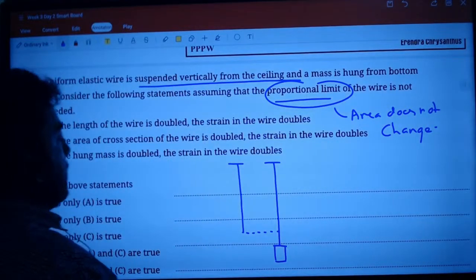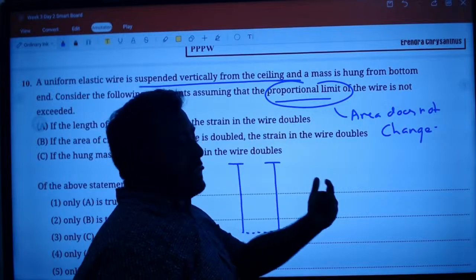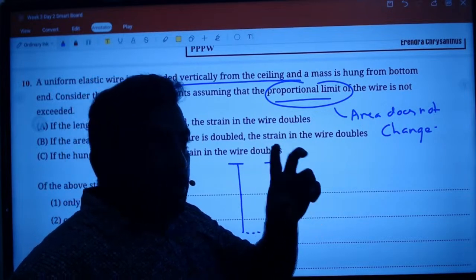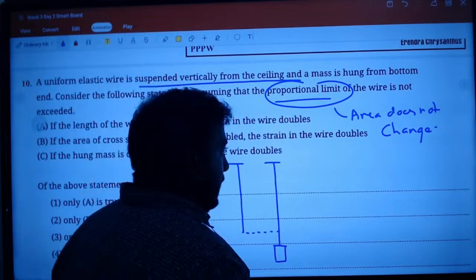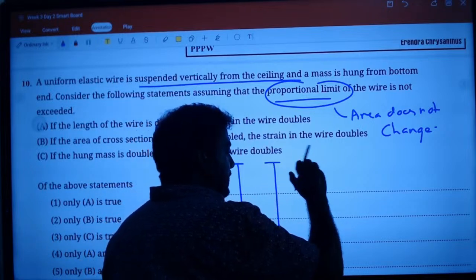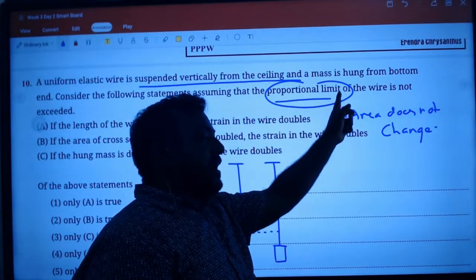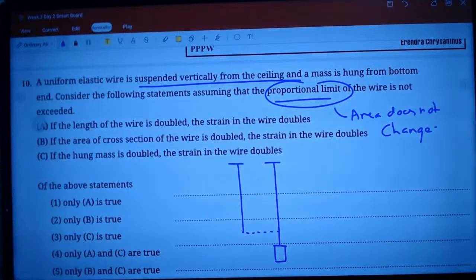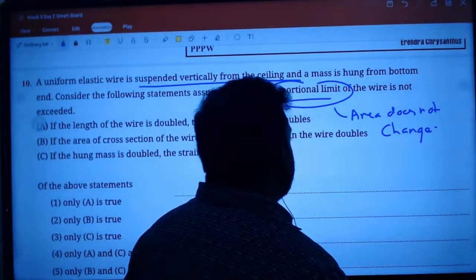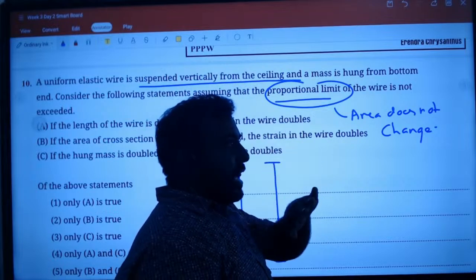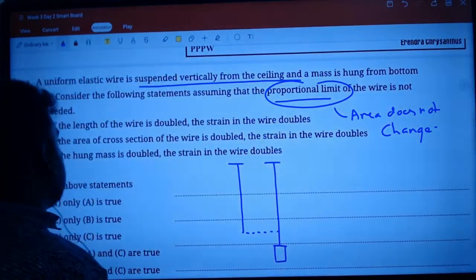Plastic means not plastic as such, you call this permanent deformation region. It is given that the object is within the proportionality limit, which means the cross-sectional area will not change.